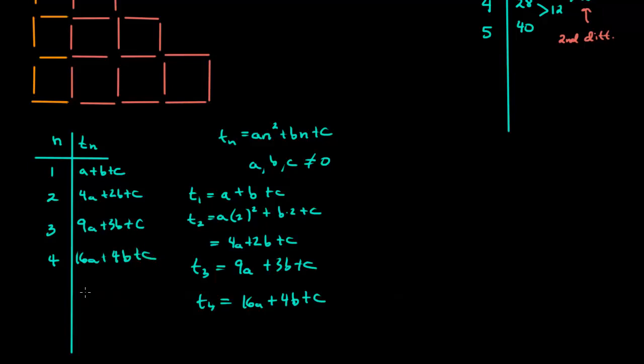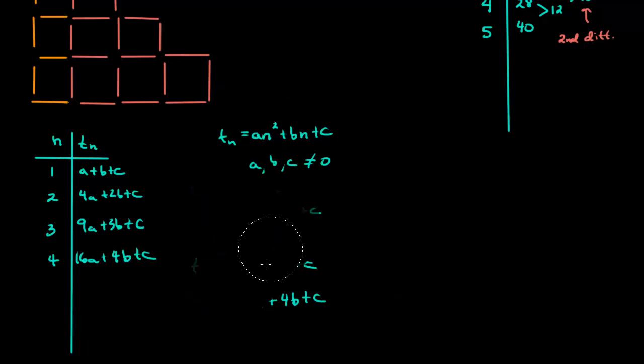Okay, so now that we have 4 terms, let's go ahead and calculate the first and the second differences here. So let's get rid of all these calculations that I've shown here so I can make some room.